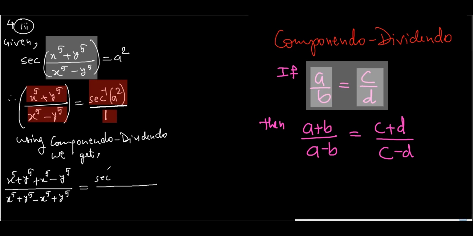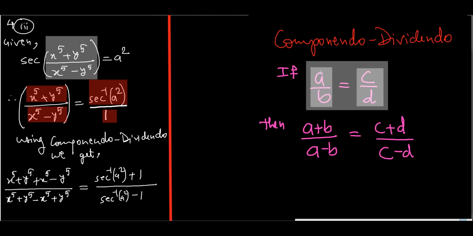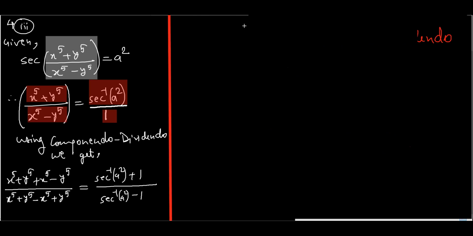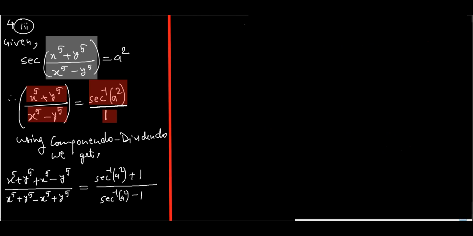So you got sec inverse a square plus 1 and sec inverse a square minus 1. And now you write the next step. If you have not known this earlier, please make a note of this also. Componendo, dividendo. Please make a note of this in your notebook.